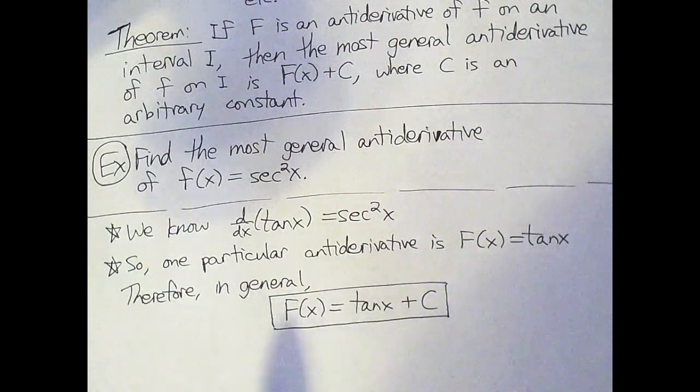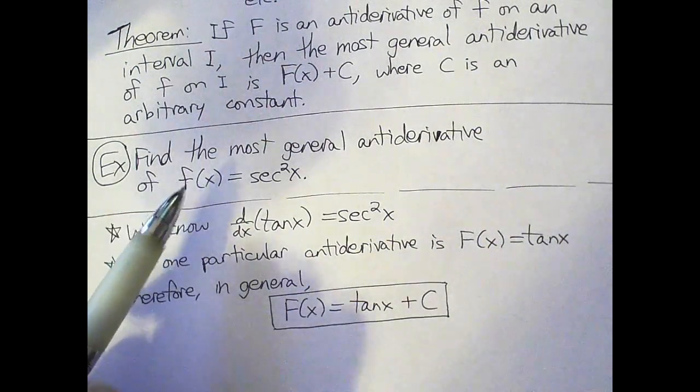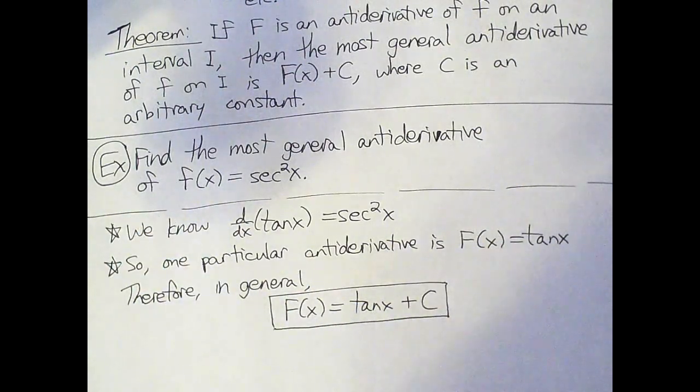It's more interesting for problems to ask us to find the most general antiderivative, because that way we have found all answers. It summarizes all of the antiderivatives of this function. It's always tangent plus a constant.